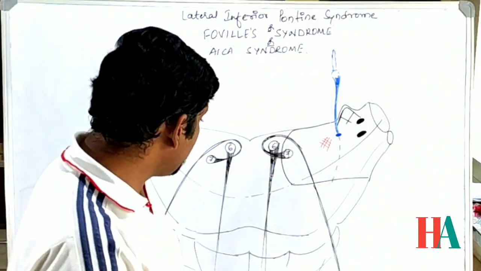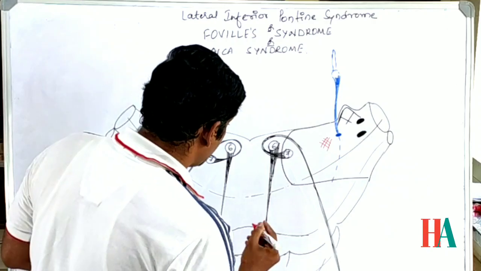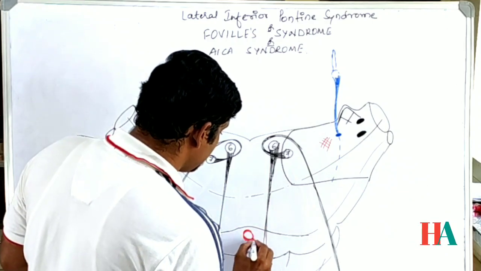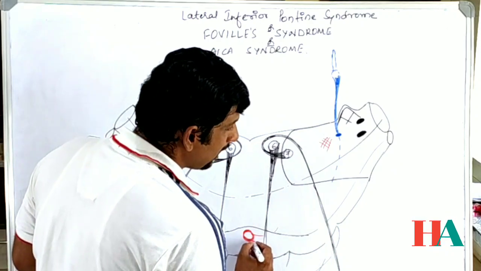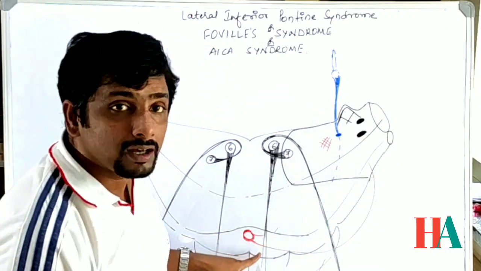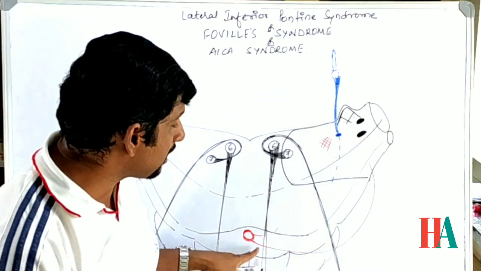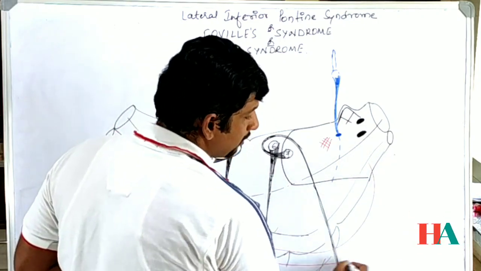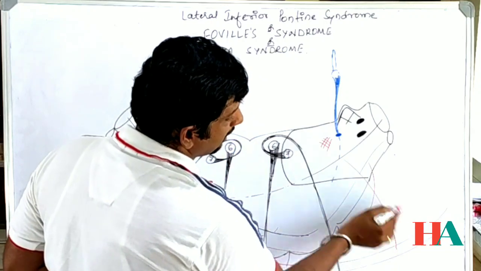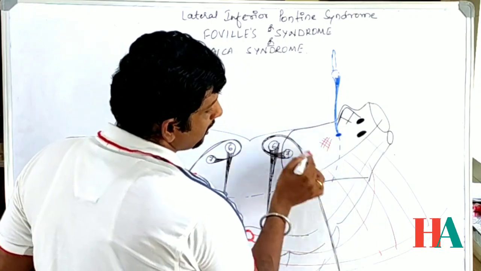Not only that one, even the, okay, I will draw this one. This is the basilar artery here. This is actually the paramedian, short circumferential, and long circumferential branches of the basilar artery also there, and there is the AICA which is going here, having the lateral supply to the pons, right?